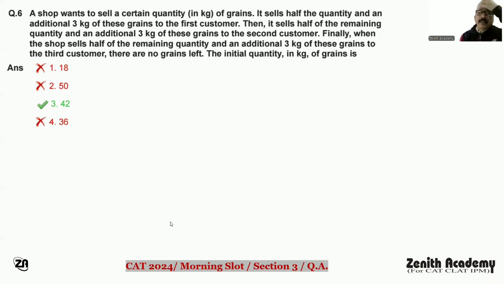Okay, this question is like, suppose there is q kg of grain in it. So to the first customer, it goes half of this plus 3 kg more.